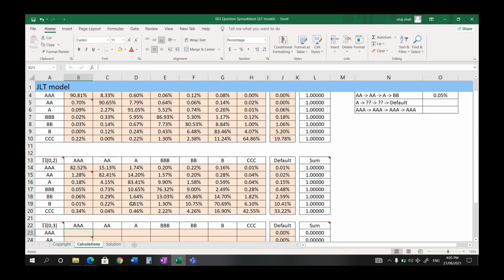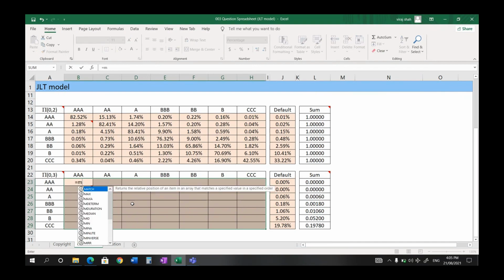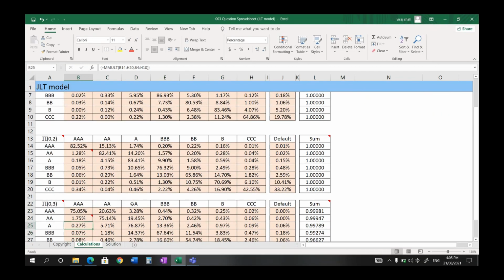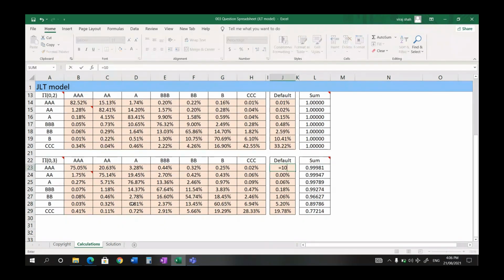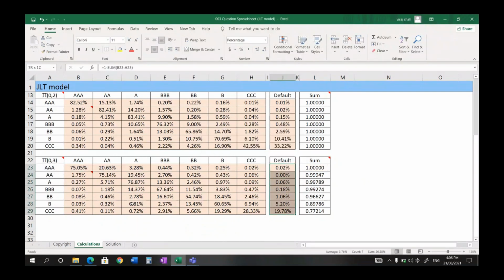Similarly, we'll do it for this table also. It would be nothing but MMULT, basically 0 to 2 multiplied by 0 to 1, indicating your 0 to 3. Array, Control Shift Enter, and you'll get all your values. You have to put 1 minus here to make the sum equal to 1. And see, you'll get all your values.